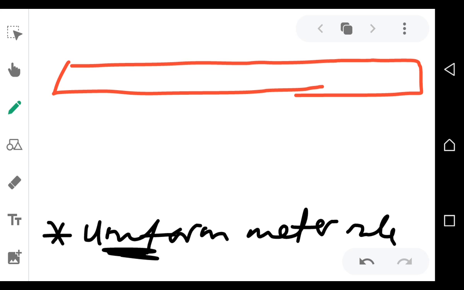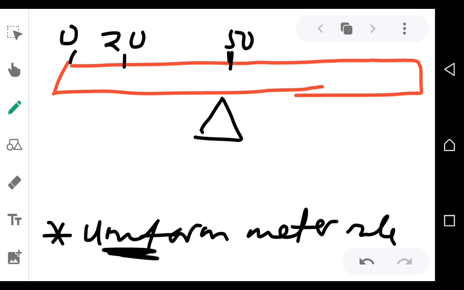So if, for example, I put a pivot here, and from here to here, I say it's 20. Meaning here it's 0, isn't it? So 0, 20. Let me put 40 here, the pivot at 40.